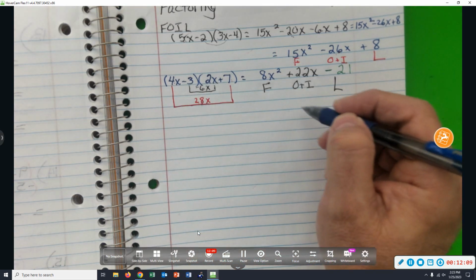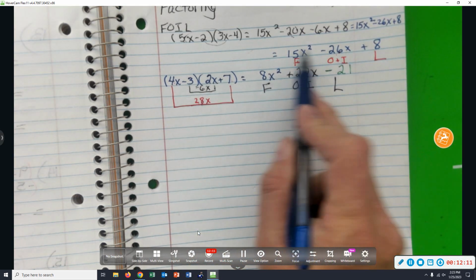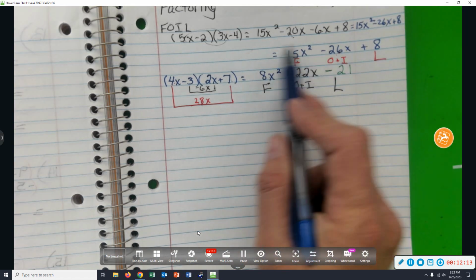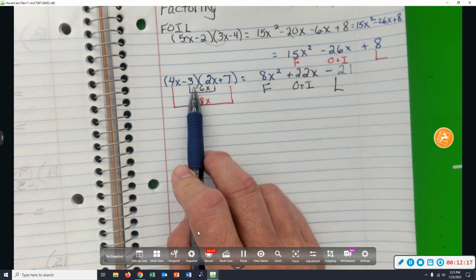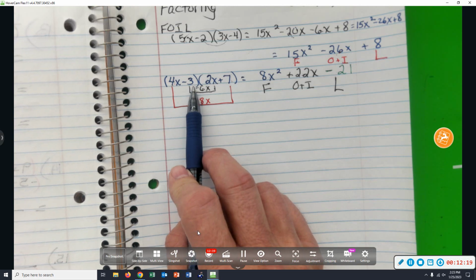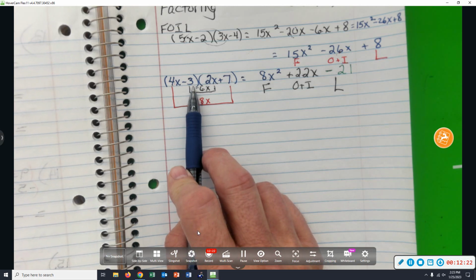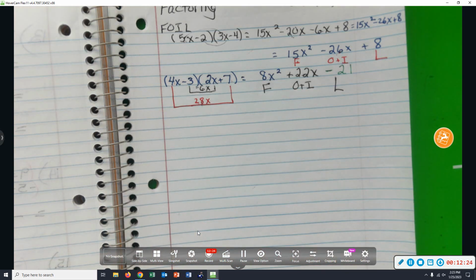What we're going to start doing is going backwards. Given the 8x squared plus 22x minus 21, end up with this. If any of you took the Developmental Math 371 course, this was the last chapter of that course, factoring. What sort of numbers multiply together to give a positive number?